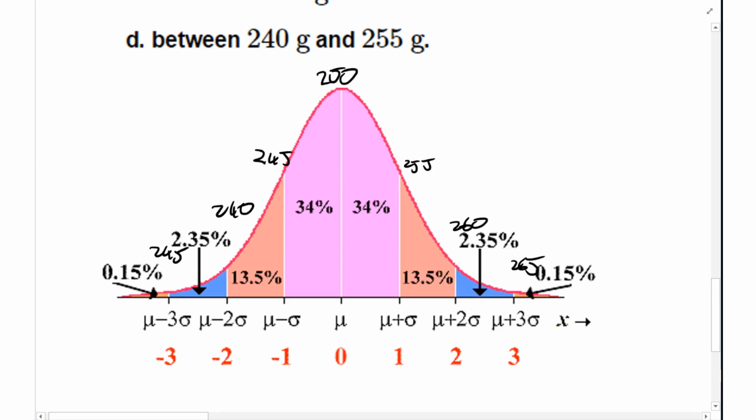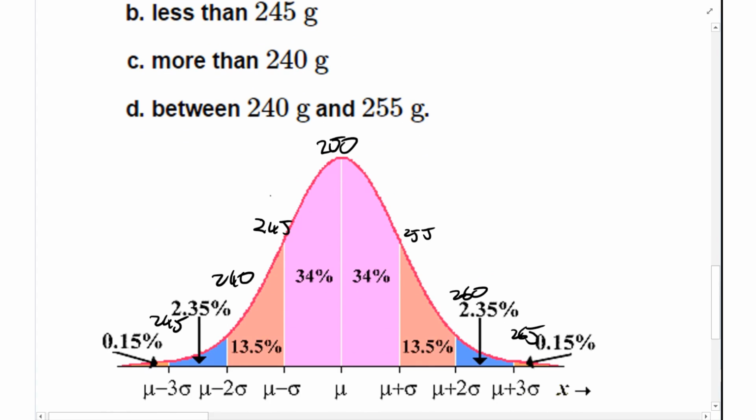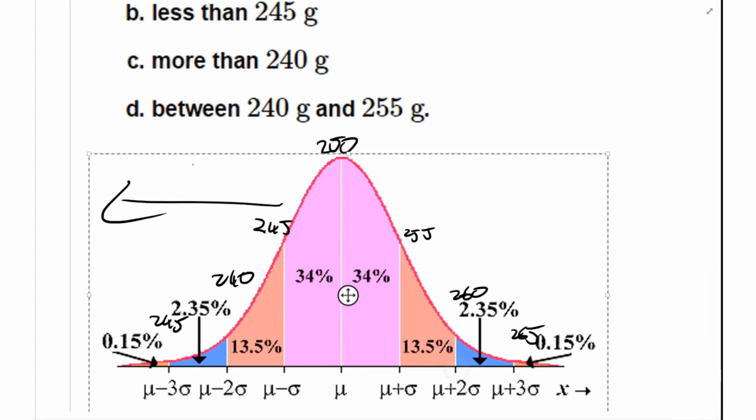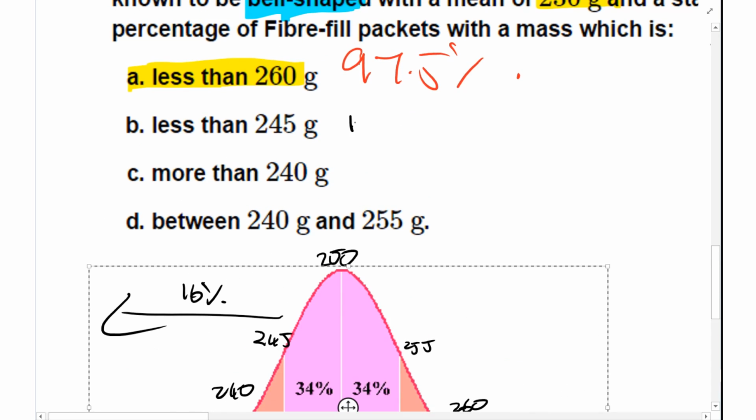Have it written on there so you can actually really see what's going on. So now when I say less than 245, I mean that. Okay, so that's 13.5 plus 2.5, so that's going to be 15%, 16%. Sorry, not doing good with my addition today. 16%. Okay. So that means our answer here is going to be 16%.